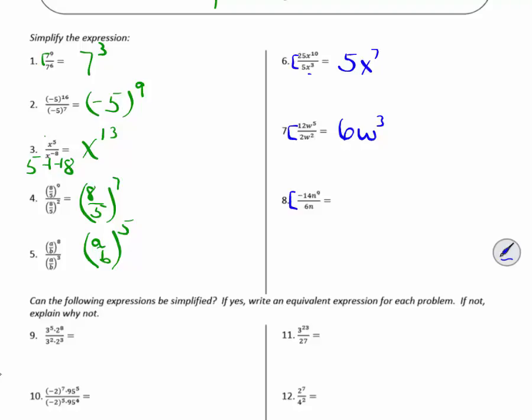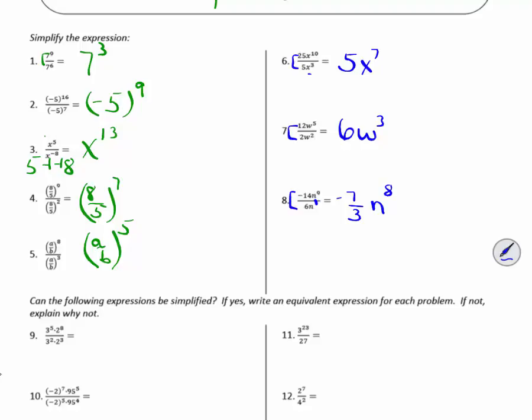So if you can reduce it, you should reduce it, because I know that a 2 will go into both of those. So 14 divided by 2 is 7. 6 divided by 2 is 3. Negative, positive, so it's going to be a negative. Then we keep our base. Remembering, if you don't see an exponent, it's really a 1. So 9 minus 1 is 8.